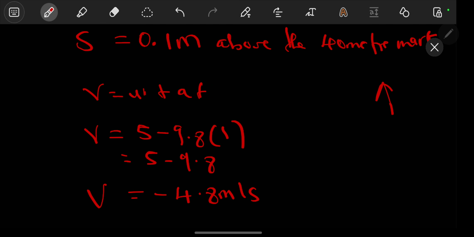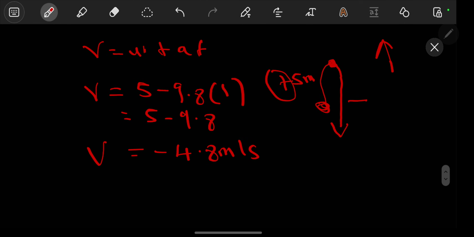What this tells you is that the sandbag rose up, then it began to fall. Going up, the initial is 5 meters per second, positive for that matter. But when it starts to fall, it starts to go down, the velocity will assume a negative value. So that's why we have this negative.